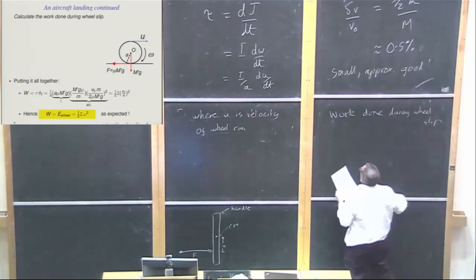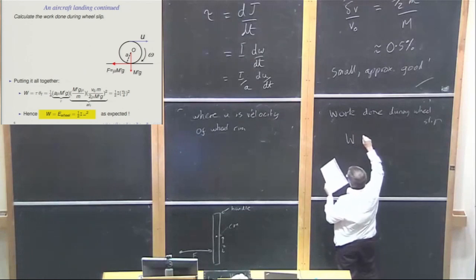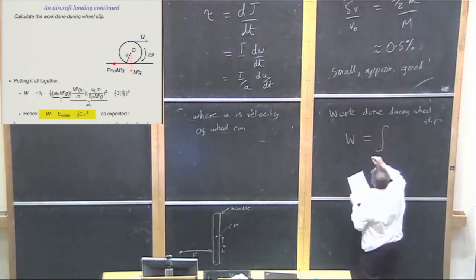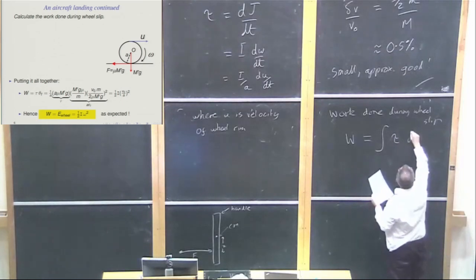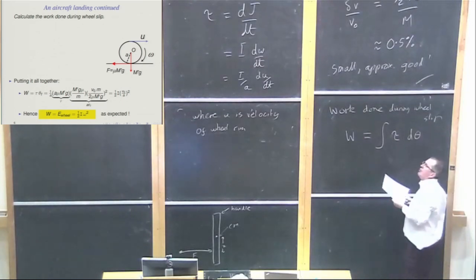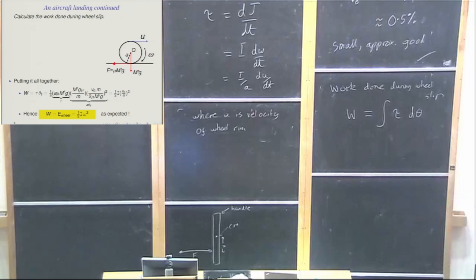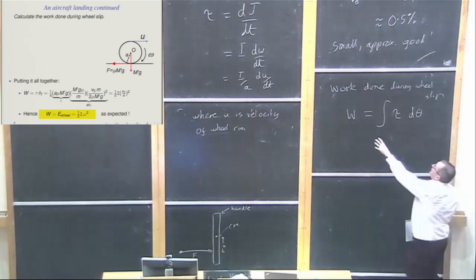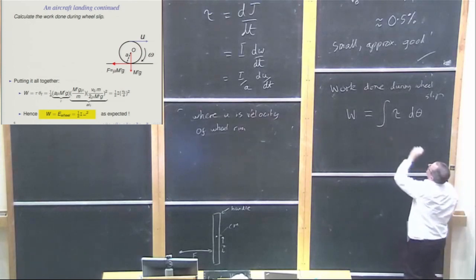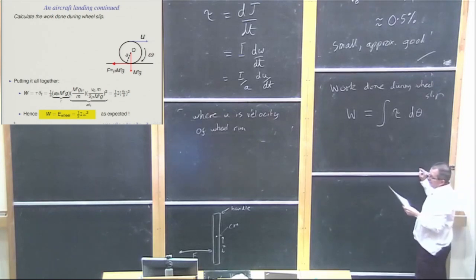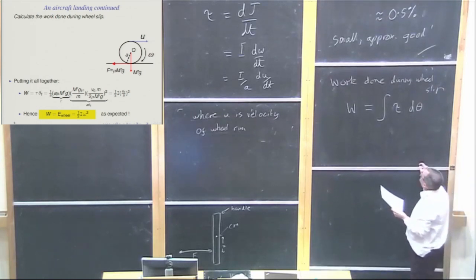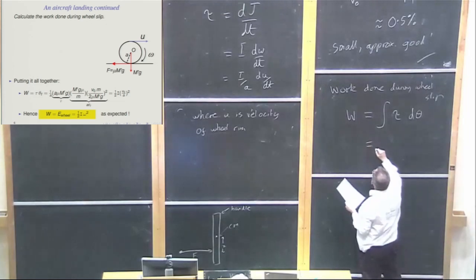it enables me to write down this expression here, which I think we have seen before, but maybe not used very much. So for translational motion, work done is the integral over force times distance. So for rotational motion, it's the integral over torque over the angle change. So we need to know the total angle change.